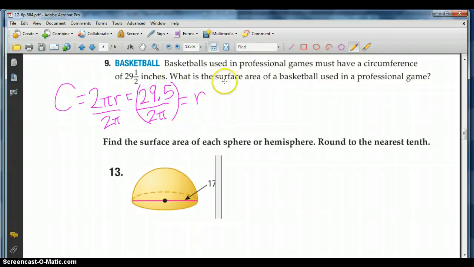Now we need to go further and find the surface area. So our surface area is given by the formula 4 times pi r squared.